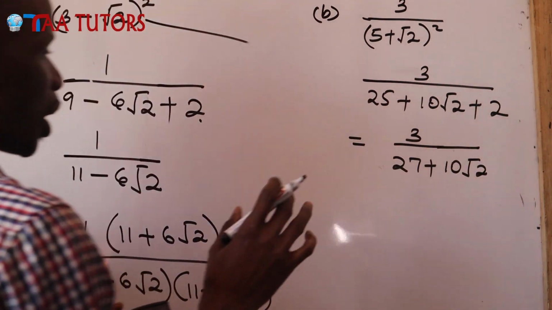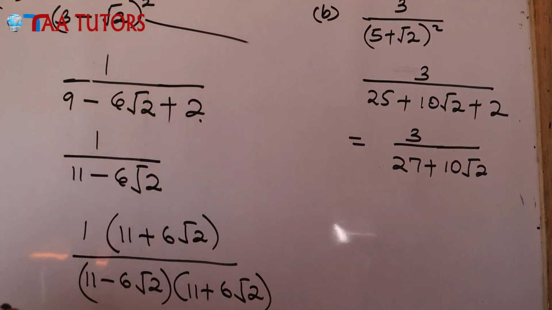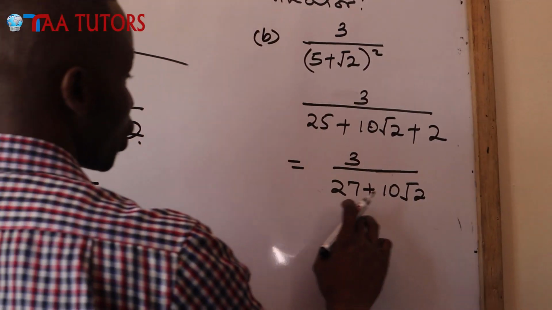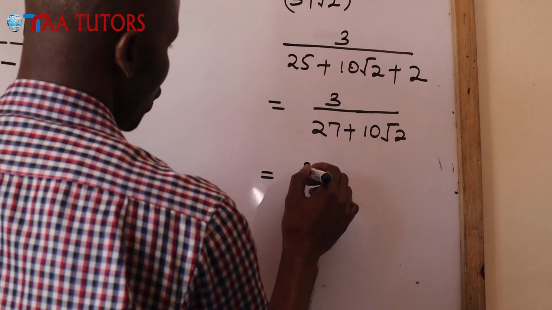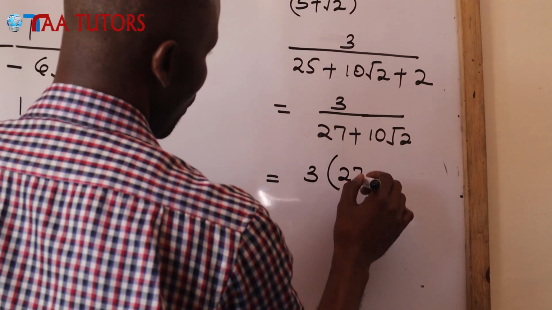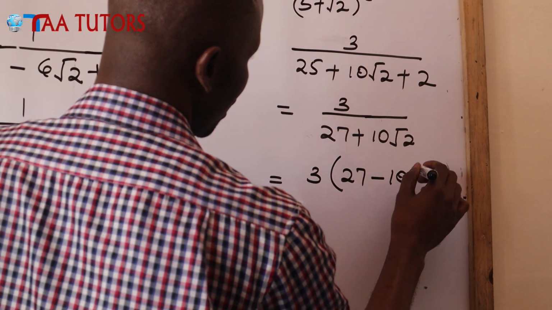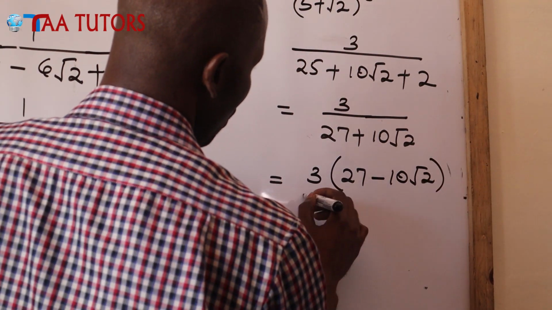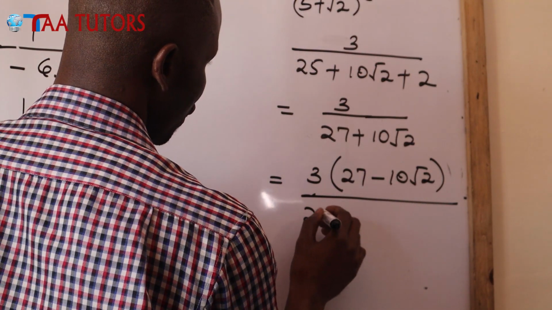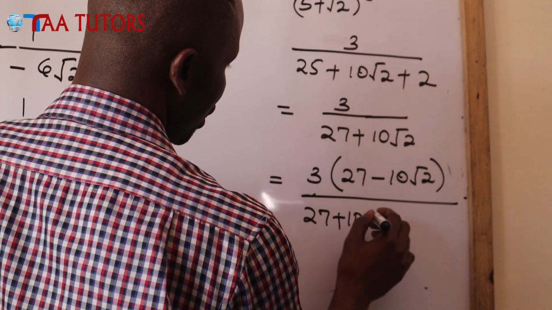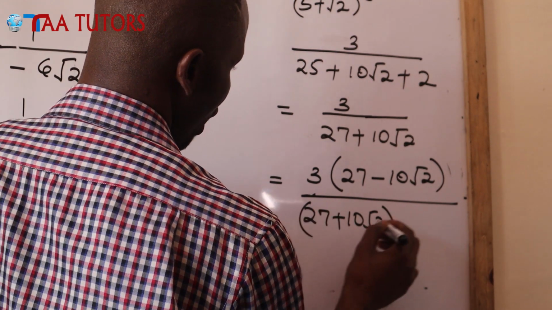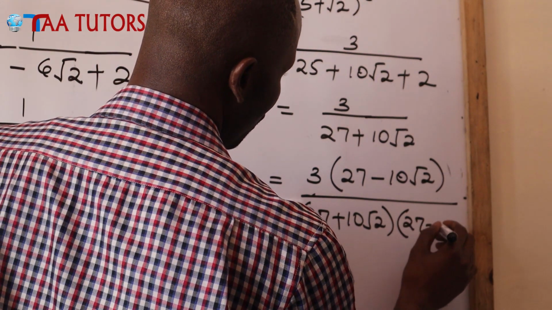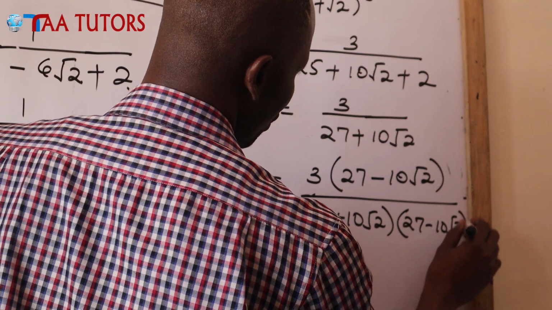Once we have this, then we can rationalize the denominator. To rationalize the denominator, we get the conjugate of this one, which is going to be 3 into 27 minus 10√2 over 27 plus 10√2 times 27 minus 10√2.